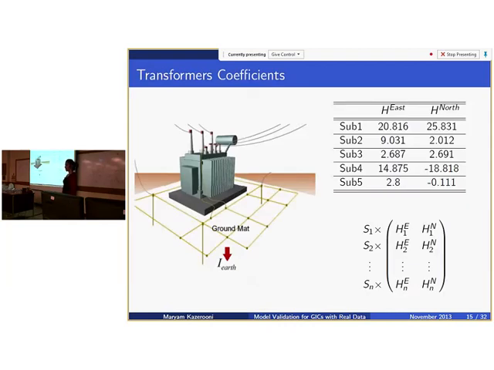To use the GIC model, we need the coefficient matrix, which I explained before. I said that we need the information about the network topology and the resistances, and luckily, we have that available. So we use that to calculate the coefficients for our substations, which you see in this table.